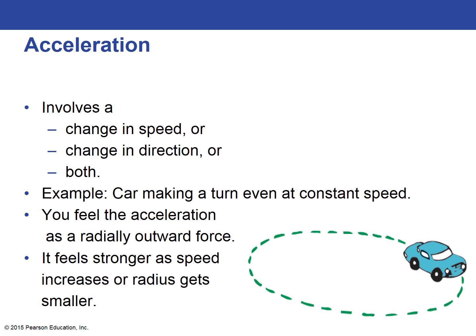Another form of acceleration is that which is caused by an object moving in a turning or circular path. In this particular example, you see the car moving around a circular track at constant speed.